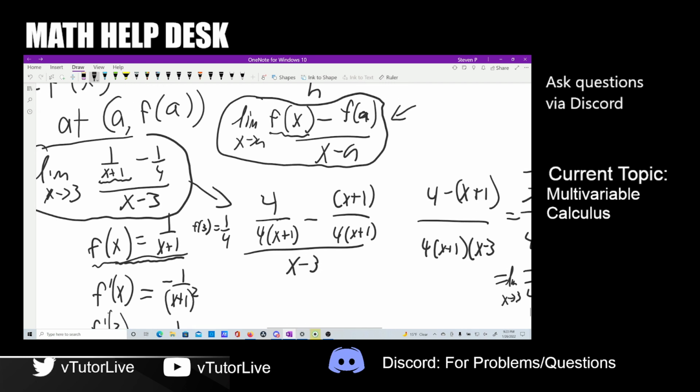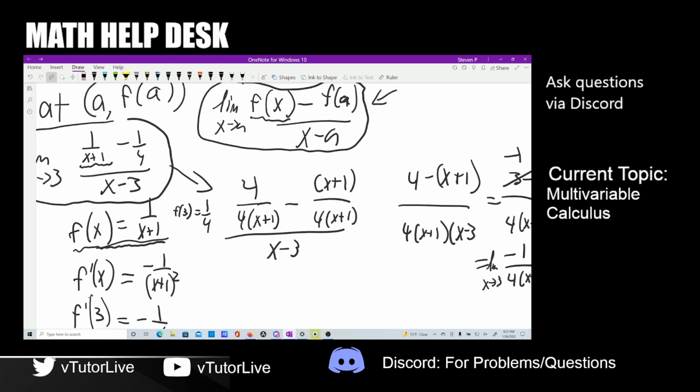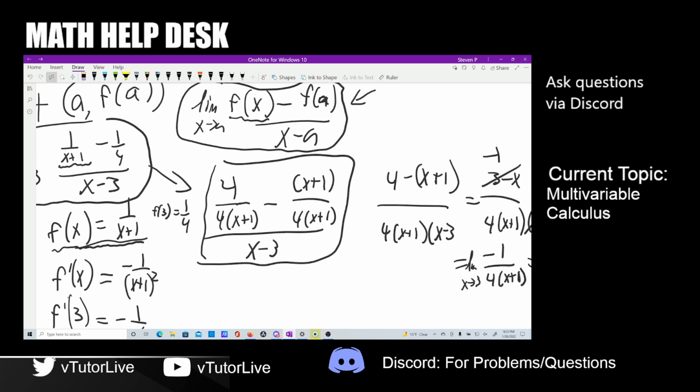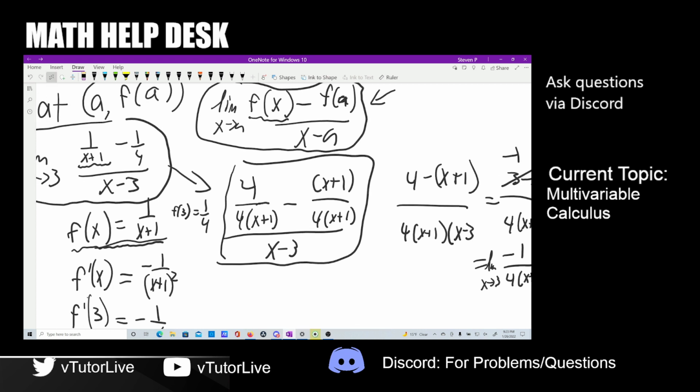And then in actually taking the limit, which is the second part of what the problem asks, the way to usually go about this is to start by putting things over a common denominator. So multiply this term by 4 over 4, and this term by x plus 1 over x plus 1, which is exactly what I've done here and here.